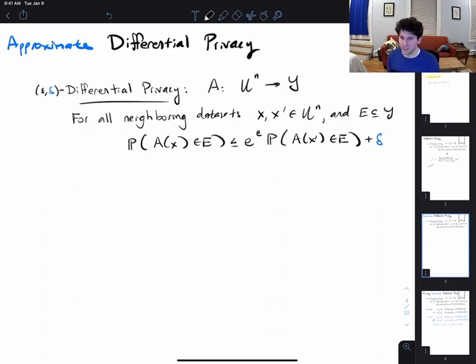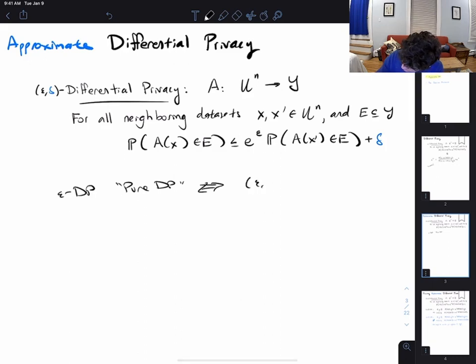It could be delta. I should say first of all that epsilon DP, as we understand it, is sometimes called pure DP, and is exactly the same thing as epsilon, 0 DP under this new definition.